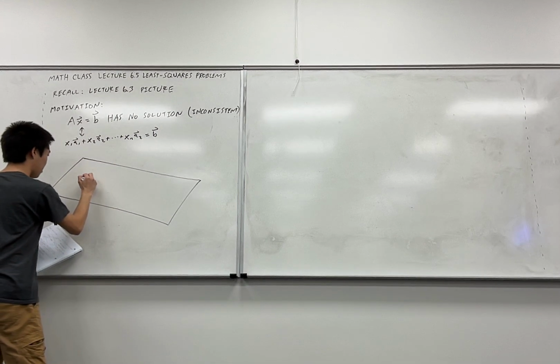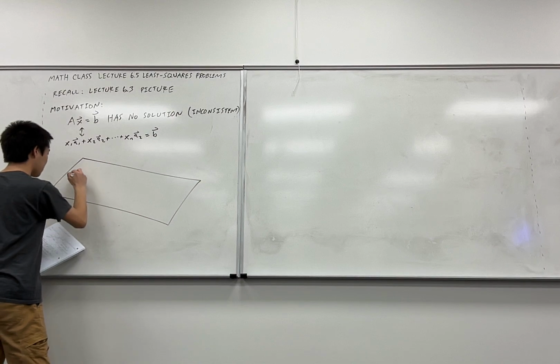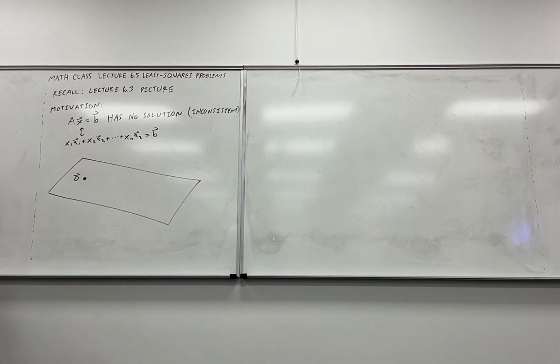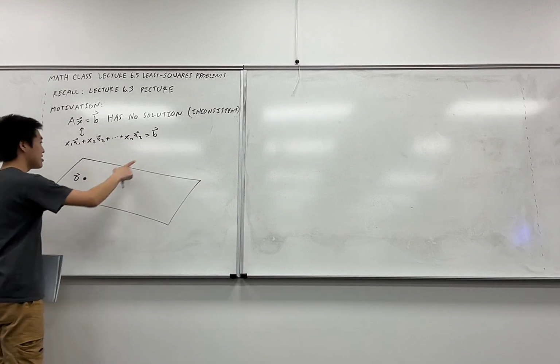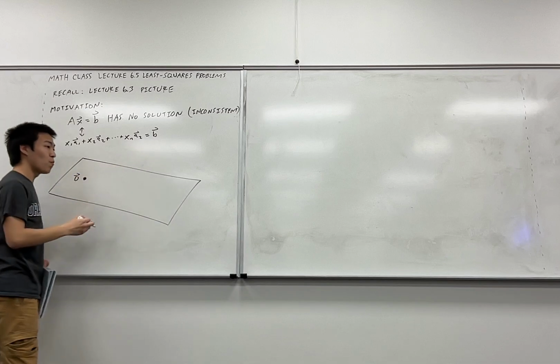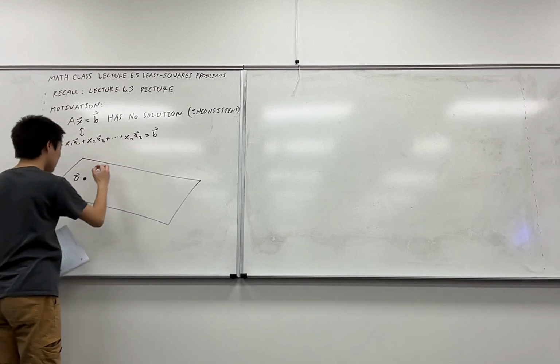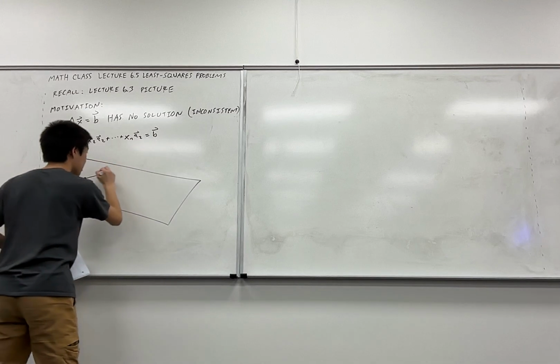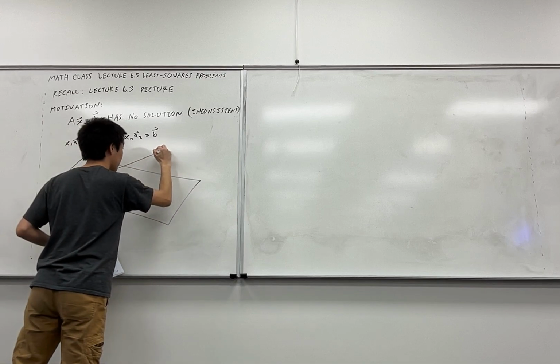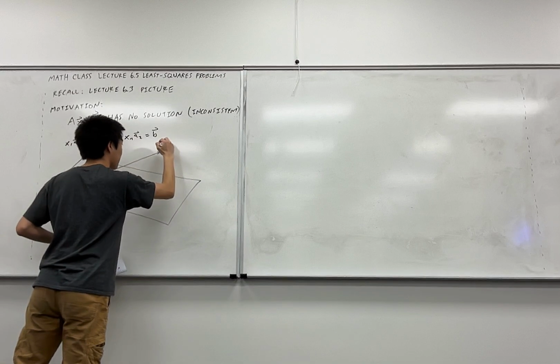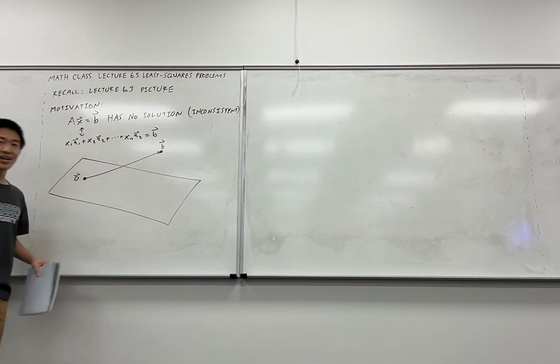We're going to put down an anchor point here, like we did with the other diagram. We have a zero vector. And now, instead of calling the vector out here y, that vector is b. So now I have some vector out here, b, that I'm trying to get to.